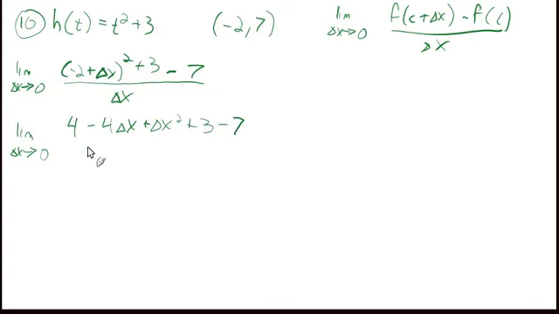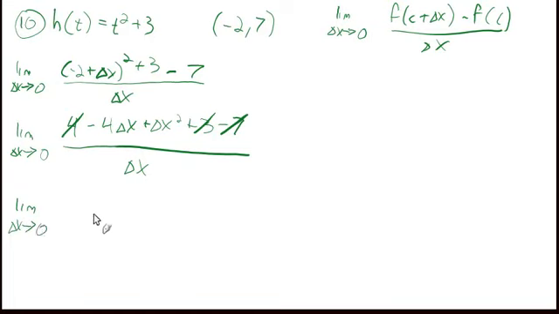Alright, over delta x. 4 plus 3 is going to be 7, minus 7 is going to be 0. So all these work together to cancel each other out. Negative 4 delta x plus delta x squared over delta x. You can see canceling, one of these guys gets canceled. It's the same as factoring out a delta x and canceling out that delta x.